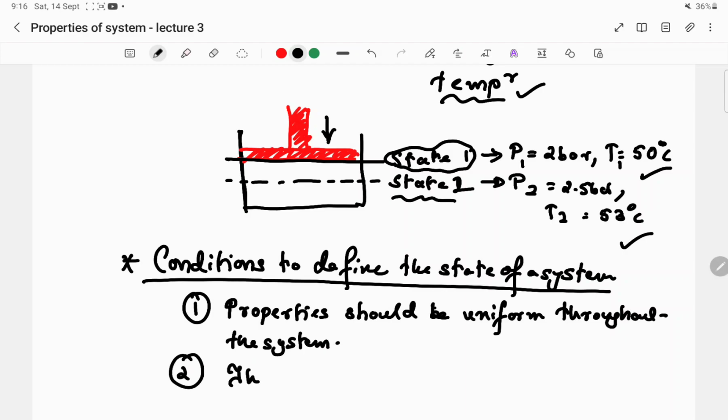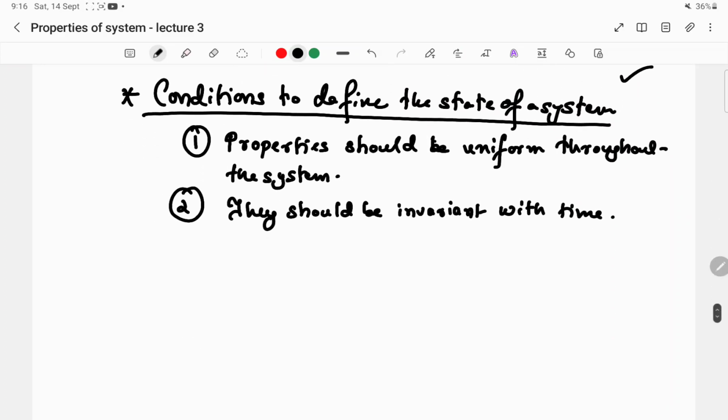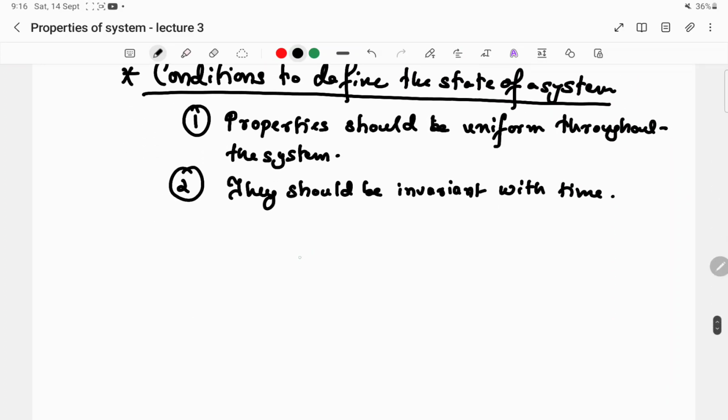The second one is that they should be invariant. Invariant means not changing with time. Let me explain in this way.